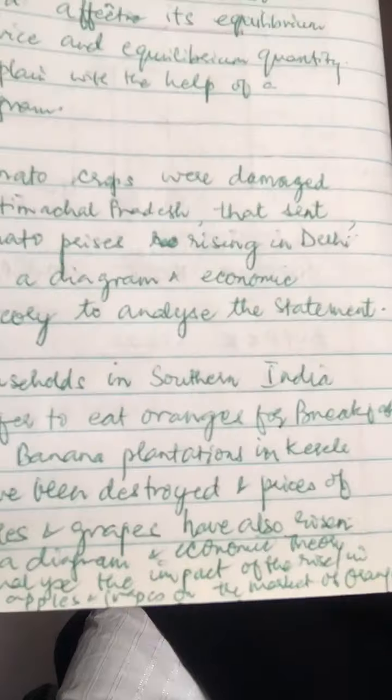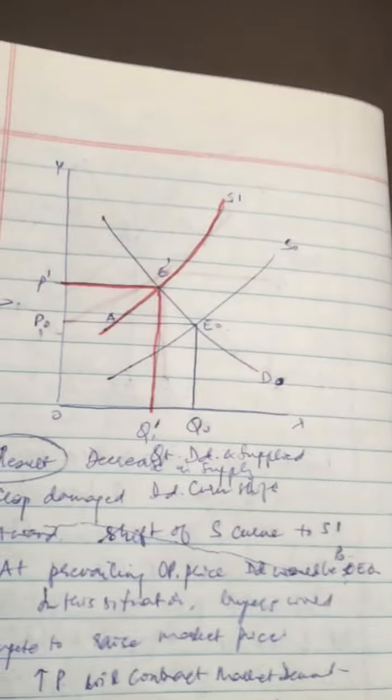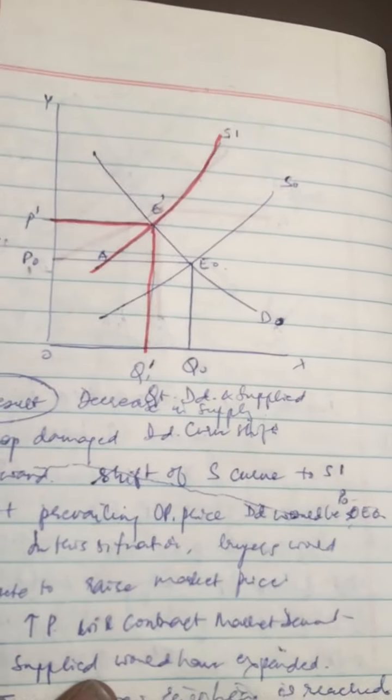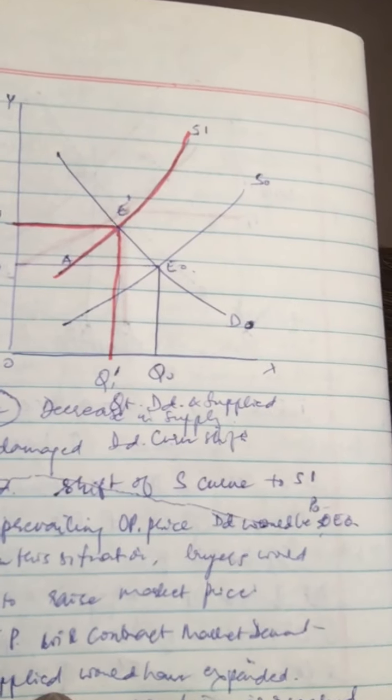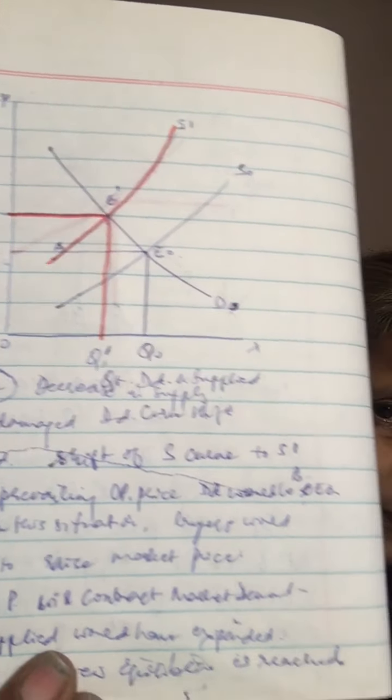Right? So as you see, sorry, I didn't change this. Sorry, I didn't show you the diagram. Yes, so let me just explain it once again. So what do you see? There is a leftward shift in the supply curve.